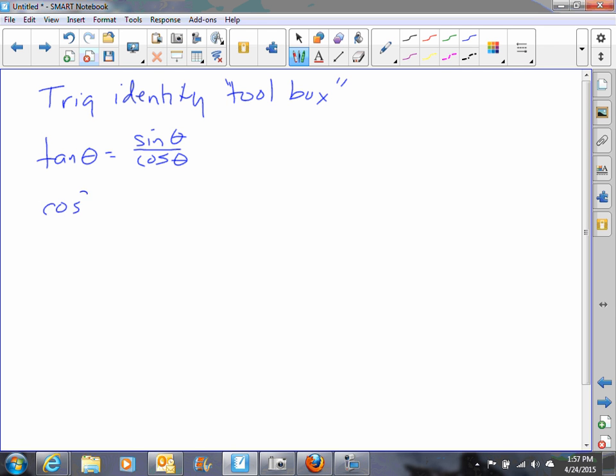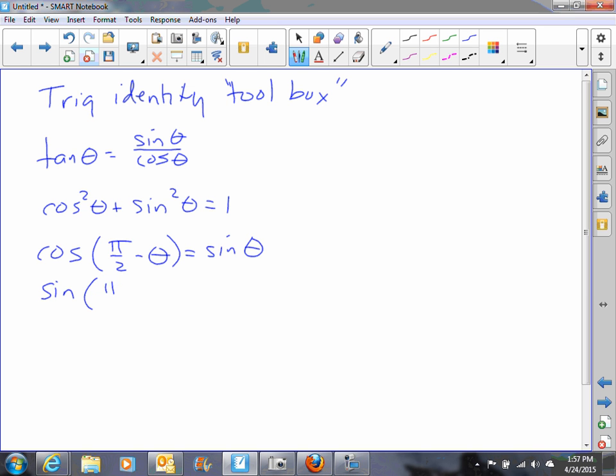Cosine squared of theta plus sine squared of theta equals 1. And then we had cosine of pi over 2 minus theta is equal to the sine of theta, and sine of pi over 2 minus theta is equal to cosine of theta.